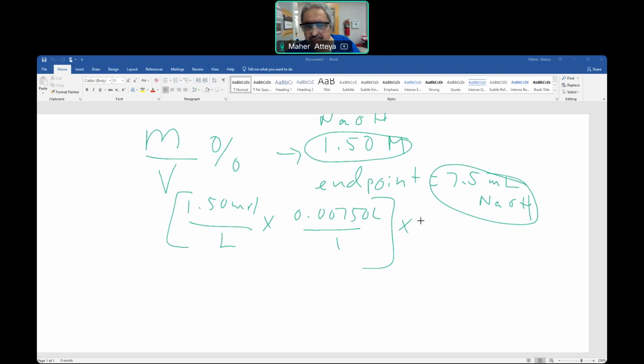And you have 1 mole of acetic acid to 1 mole of sodium hydroxide. Then you use the molar mass to get the mass. So moles is mass over molar mass.